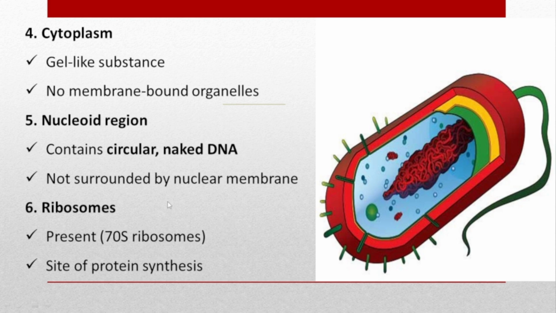membrane. The ribosome is also found within the prokaryotic cell. The prokaryotic cell has 70S ribosomes, meaning that when centrifuged, the ribosome sediments at 70 Svedberg units. This ribosome helps in protein synthesis.